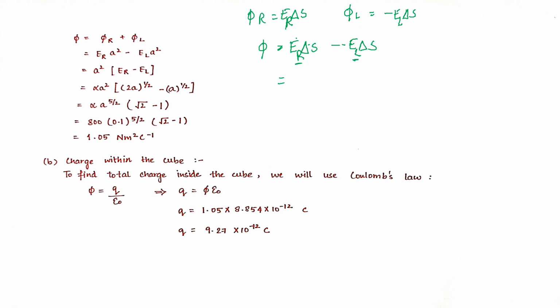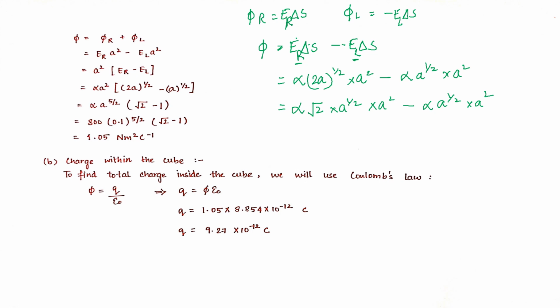Now this will give us the electric field at right: alpha 2A half into del S is A square, minus alpha A half into A square. Now this will turn out to be alpha under root 2 into A to the power 1 by 2 into A squared, minus alpha A half into A to the power 2.